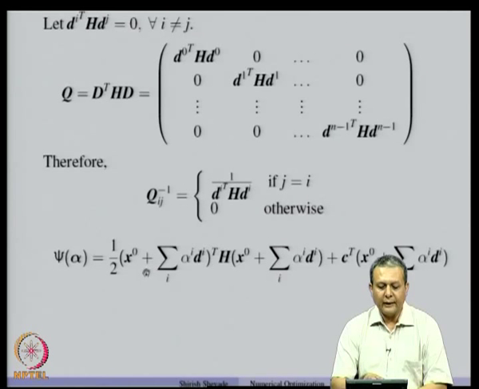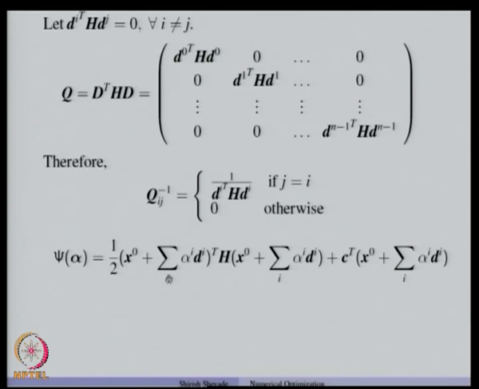Now if we look at our psi of alpha, if you recall, we had defined it to be half of x transpose H x plus c transpose x, where x is represented as x0 plus sigma alpha i Di, where the Di's, i going from 0 to n minus 1, are the basis of that n dimensional space and x0 is any initial point.